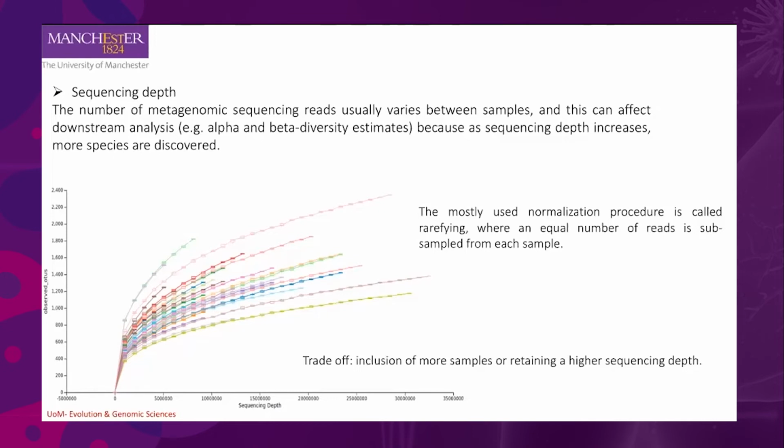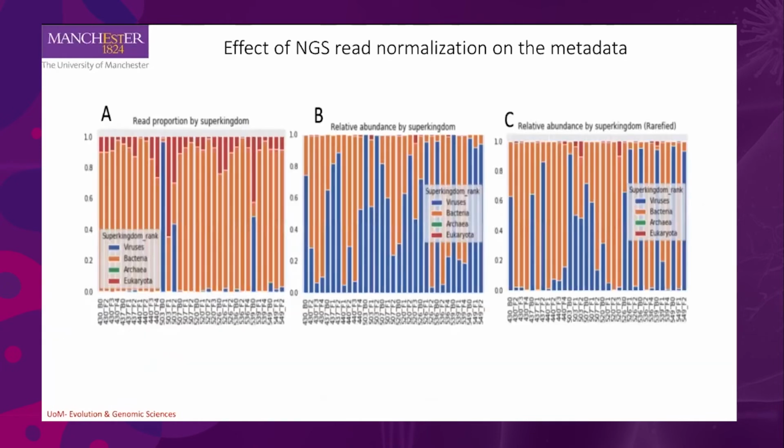The trade-off is that by doing rarefaction, we get rid of many different species that are observed in a low number of sequencing reads. So this is not an ideal scenario, but nevertheless, it has been widely used. And of course, the trade-off is inclusion of more samples or retaining a higher sequencing depth. That's the actual question that we need to answer.